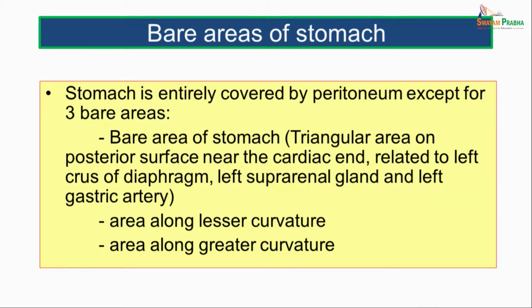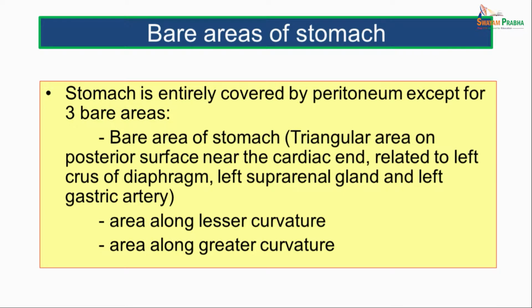Apart from this, there are two more areas which are not covered by peritoneum, and that is the area along the lesser curvature where the two layers of lesser omentum split, as well as the area along the greater curvature, a point where the two layers fuse and then go as the gastrophrenic, gastrosplenic ligaments and the greater omentum. So, these are the three areas or three parts of the stomach which are devoid of peritoneal covering and thus called as the bare areas.